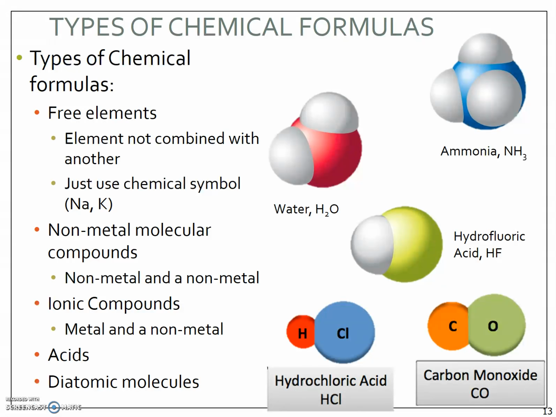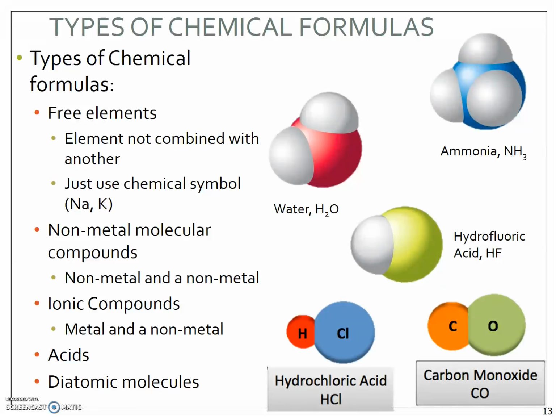And some molecules have a common name. So in this case, water. It's not very descriptive of the compound, but it is a common name that almost anyone, even without a chemistry degree, can know that water is H2O.